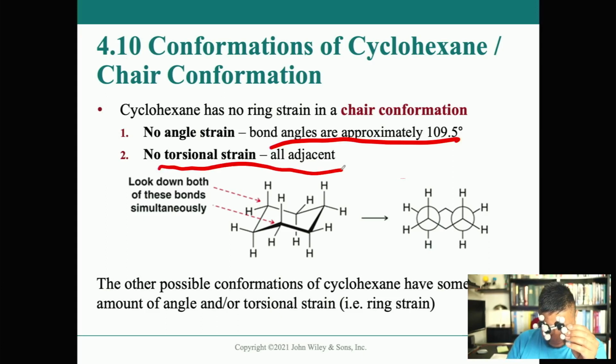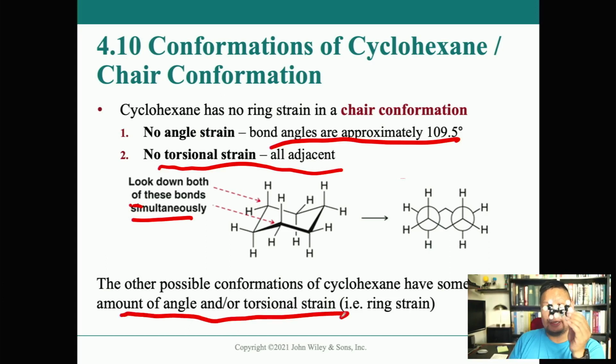Look down at both of these bonds simultaneously, and you can see they're the same. Okay? They're the same. It's kind of hard to show that on the thing there, but if you get one of these, you can do it too. The other possible conformations of cyclohexane have some amount of angle, torsion, or ring strain, but the chair doesn't.